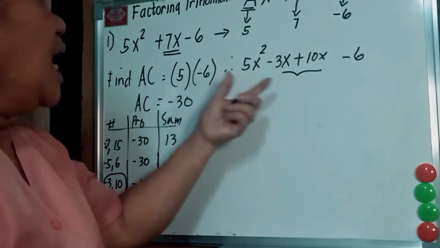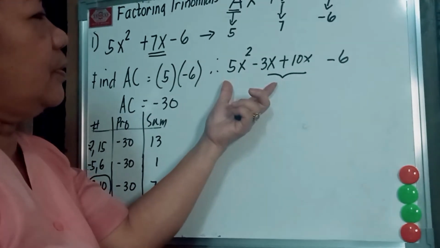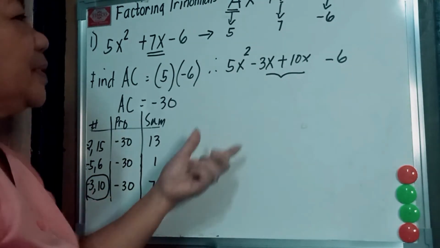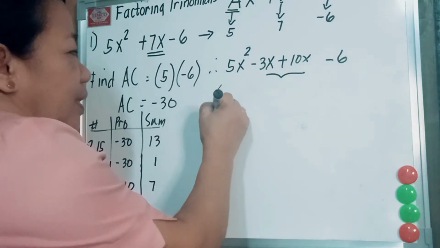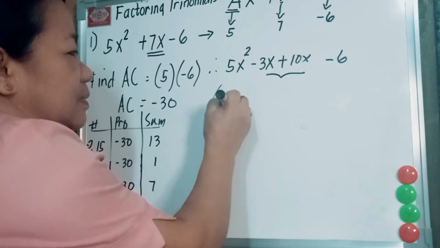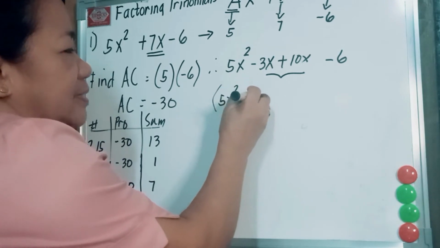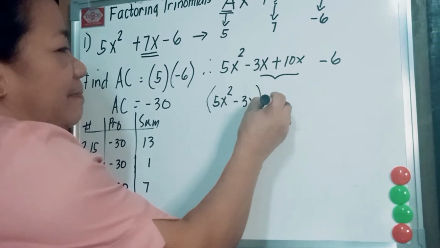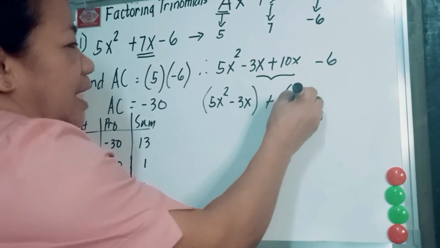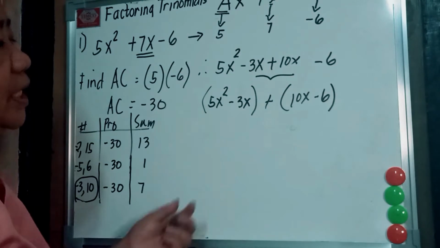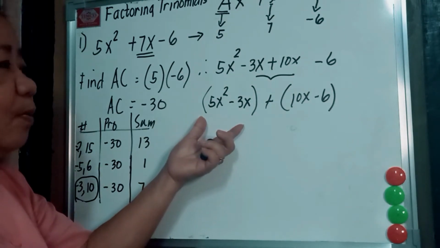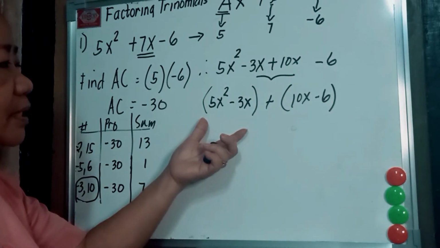Now, we are going to use grouping. So, we have to group the terms. So, we have the quantity 5x squared minus 3x plus 10x minus 6.